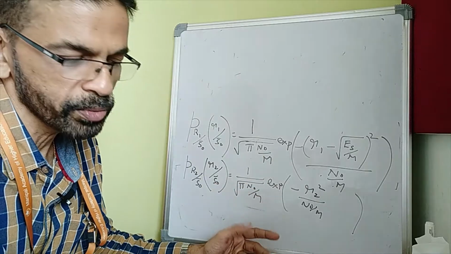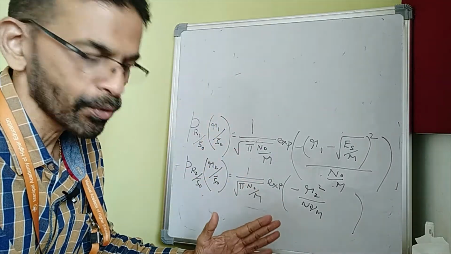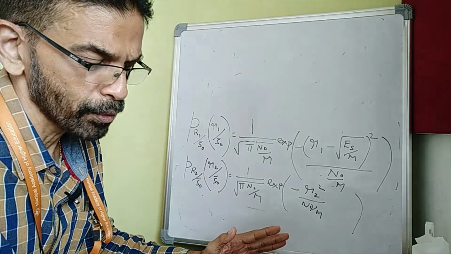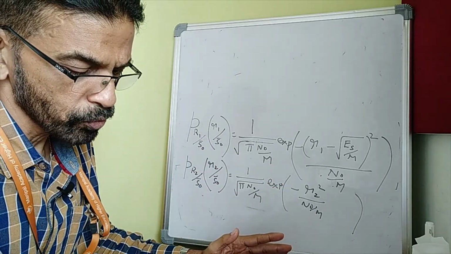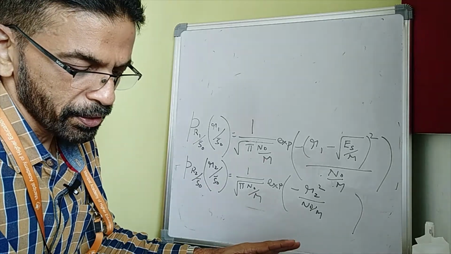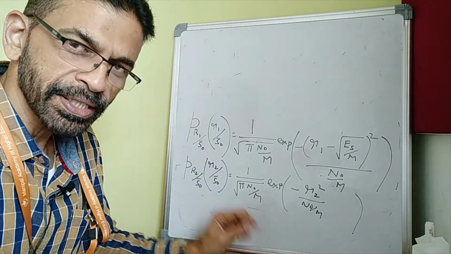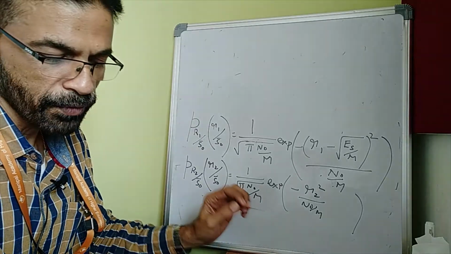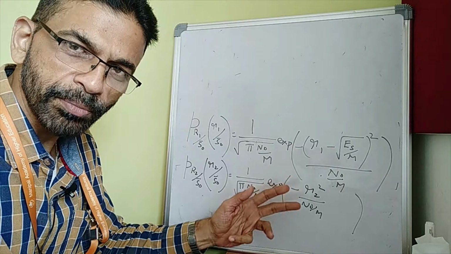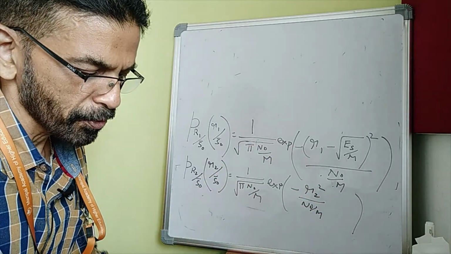So there are only two possibilities. Either the receiver detects it correctly, or the receiver detects it wrongly. So to find out the probability of error, what we do is we first find out the probability that the symbol is detected correctly. Once we find that out, we can subtract that from 1, because there are only two possibilities, to find out the probability that the symbol is detected in the wrong way.